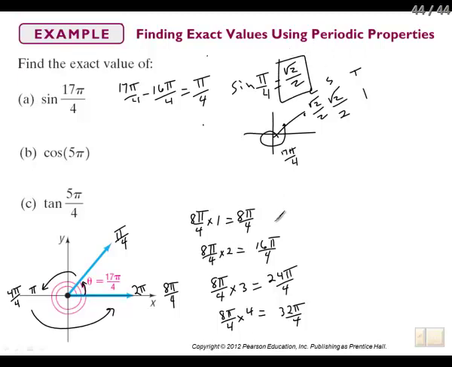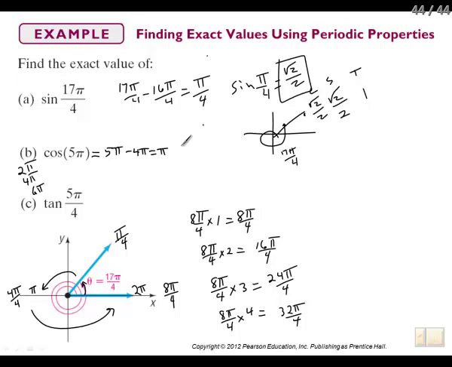Alright, now let's look at cosine at 5 pi. So here we have our increments of 2 pi, 4 pi, 6 pi. So basically we're looking at cosine at 5 pi minus 4 pi, and we get 1 pi.